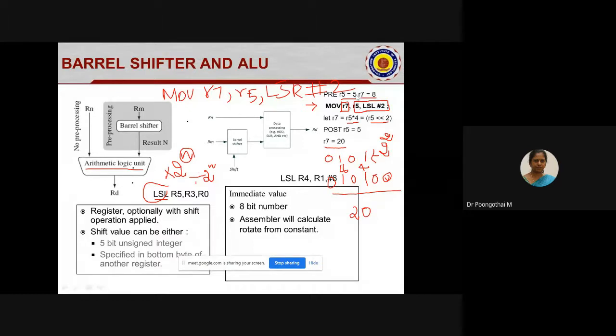So 5 divided by 2 power 2, that is the answer. Roughly we will get 1. First I will explain all the operations, and then we will do more problems so that you can understand the concepts very clearly.